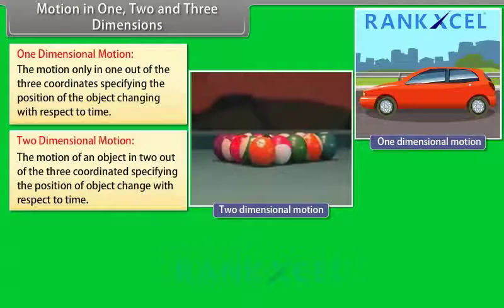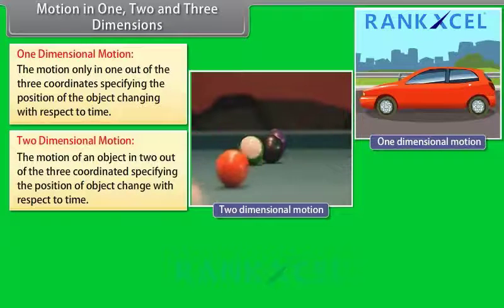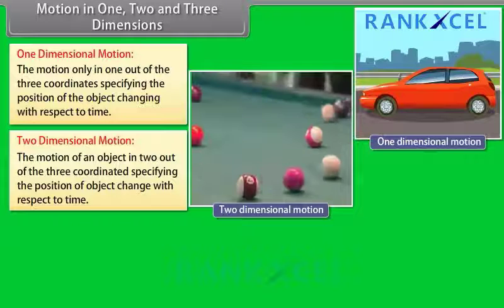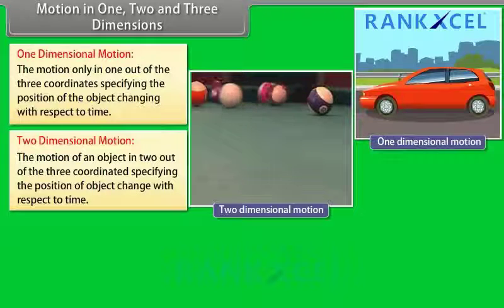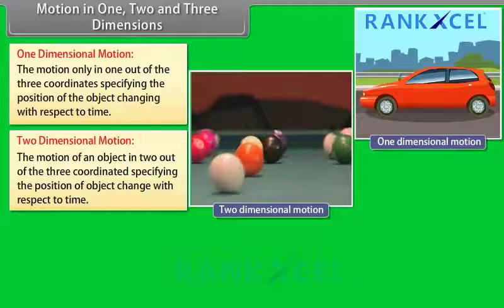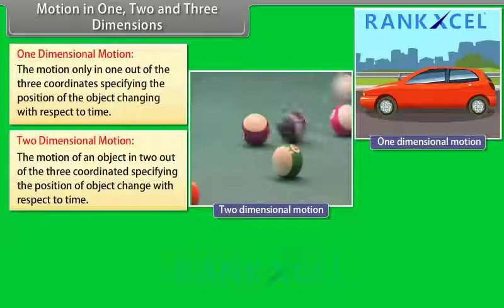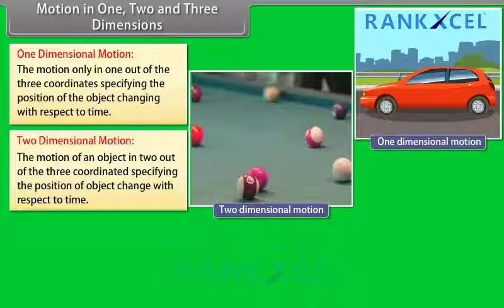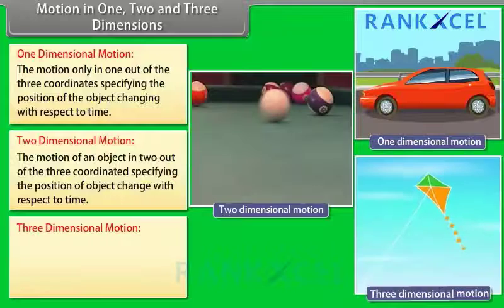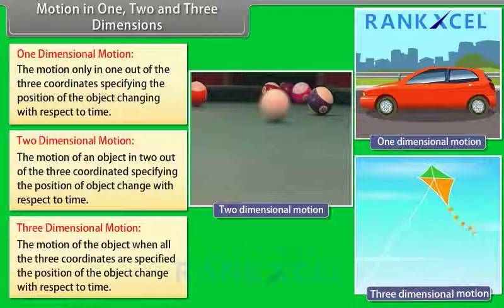The motion of an object in which 2 out of 3 coordinates specifying the position of the object change with respect to time. Example, a billiard ball moving over a billiard table. Three-dimensional motion. The motion of the object when all the 3 coordinates specifying the position of the object change with respect to time. Example, a kite flying on a windy day.